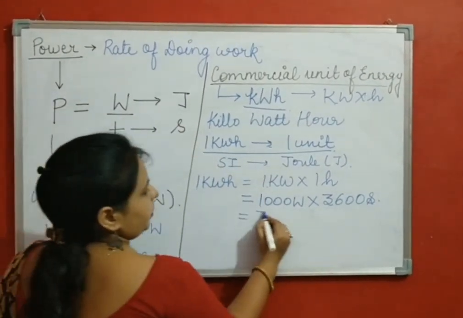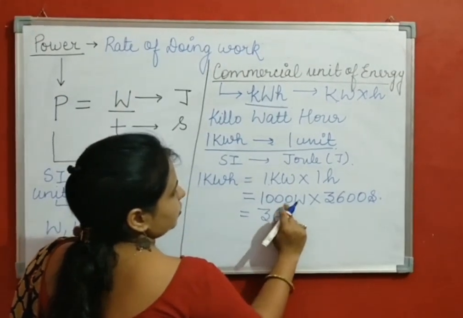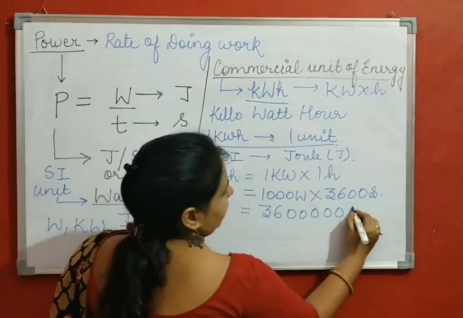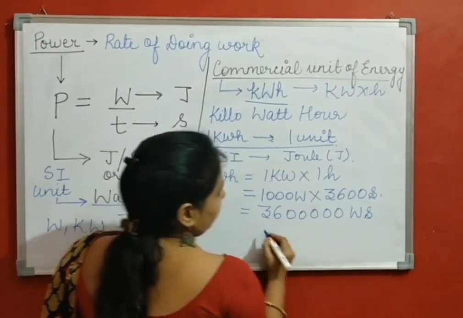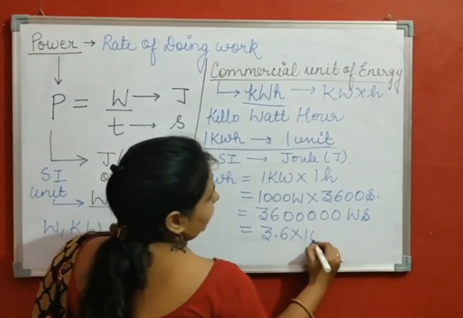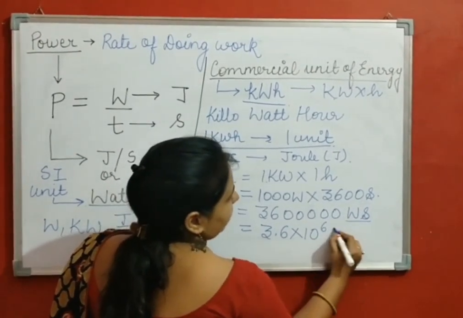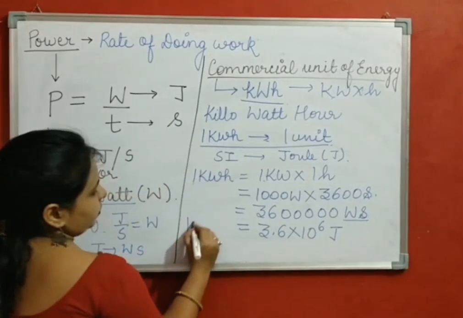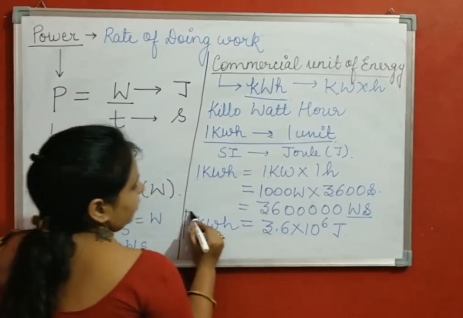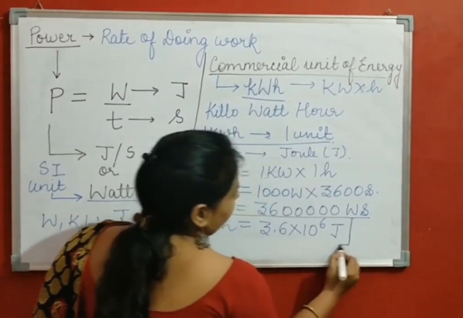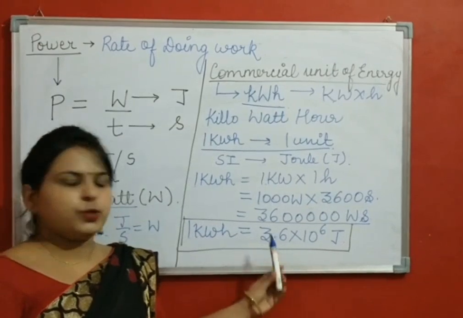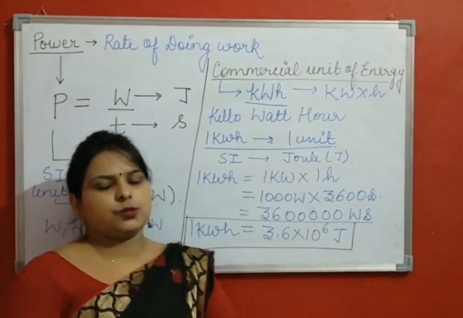So the value will be 3,600,000 watt second, or you can write it as 3.6 into 10 to the power 6 watt second, which can be written as joule. So this is the relation between the commercial and SI unit of energy: 1 kilowatt hour is equal to 3.6 into 10 raised to the power 6 joules.